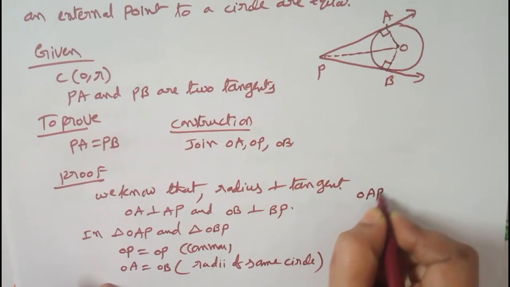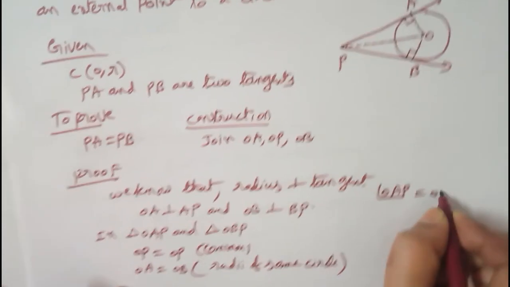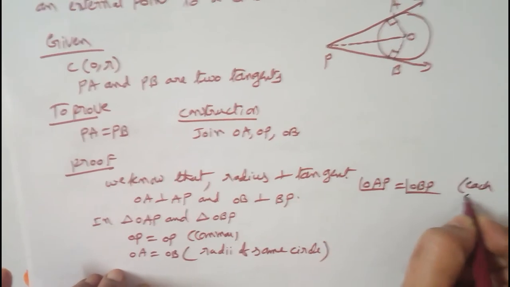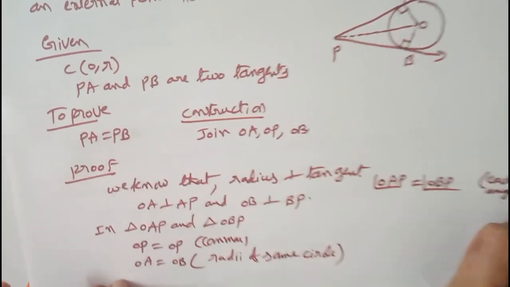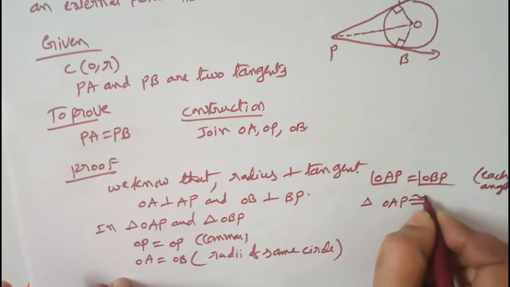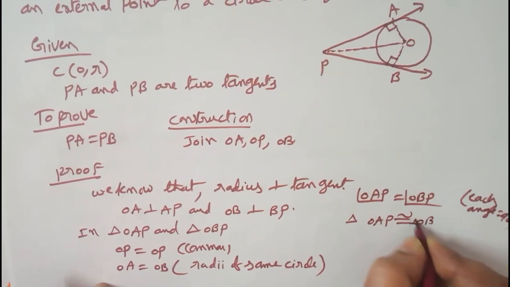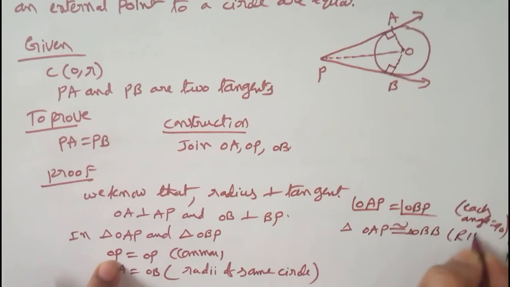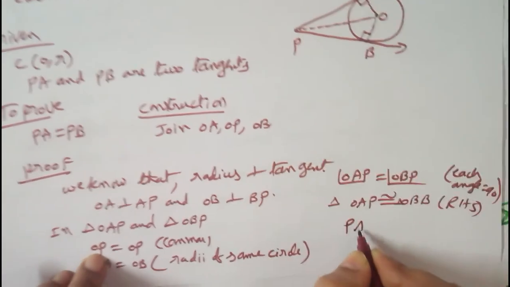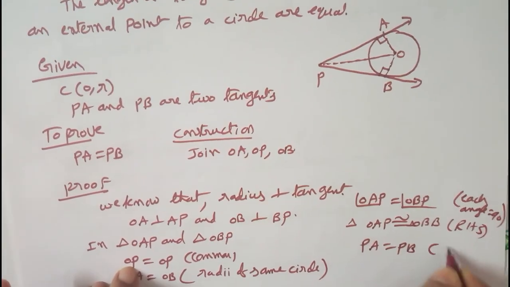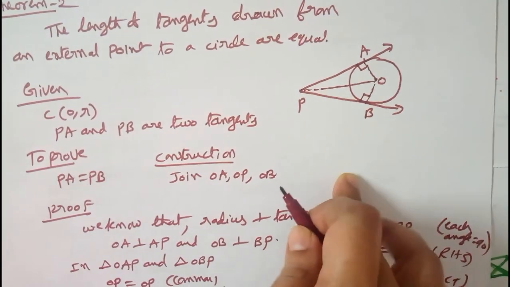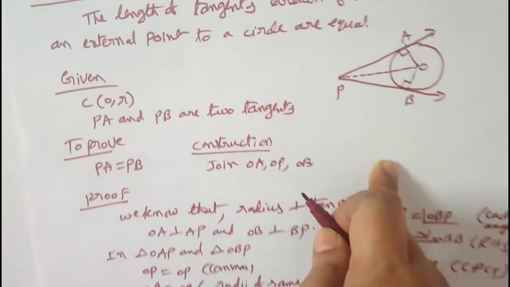Angle OAP is equal to angle OBP, each 90 degrees. Therefore triangle OAP is congruent to triangle OBP by RHS. Therefore PA is equal to PB, corresponding parts of congruent triangles. But PA and PB are the tangents drawn from an external point to the circle.